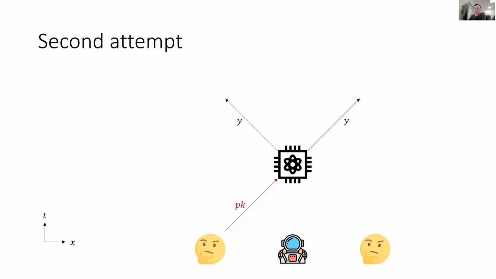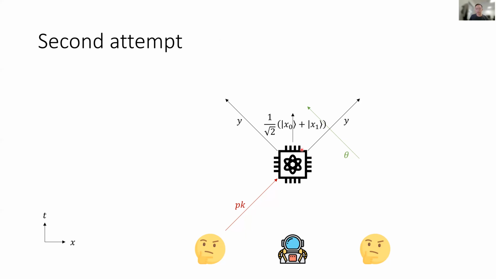So the second attempt is very similar to the first attempt. In particular, the verifier on the left is still going to send public key to the prover, but the timing constraint is changed a little bit so that the verifier on the right is actually going to send the theta message a little bit later than this red message.